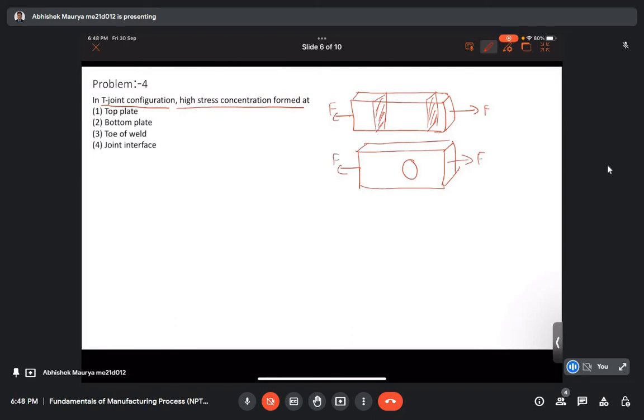Near the hole we will get our cross sectional area something like this.